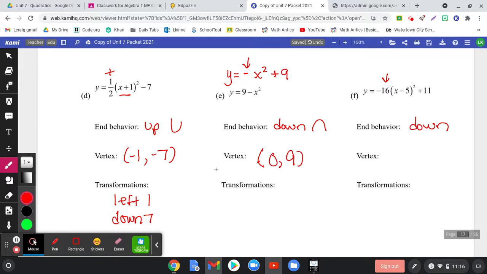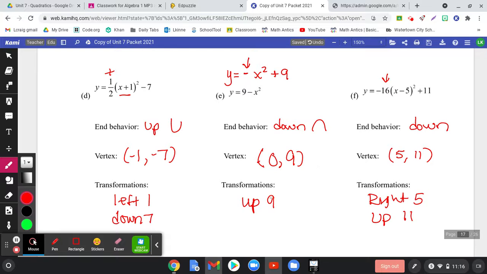And again, you can put it into your calculator. Since it's not moving from side to side at all, it's just going up 9. All right, on this one, your vertex is positive 5, positive 11. So it goes to the right 5 and up 11.